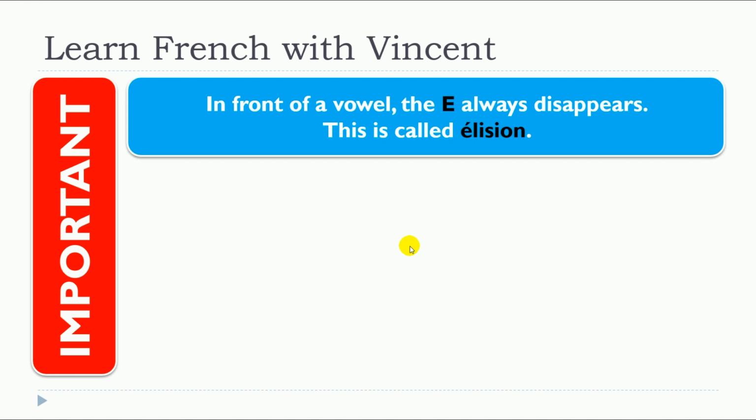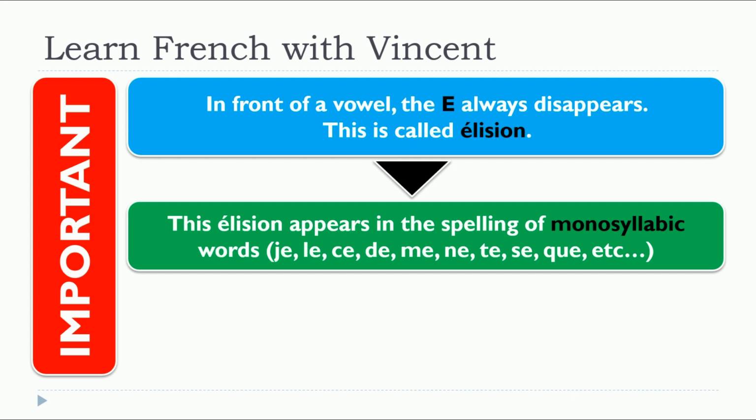So, let's continue. In front of a vowel, the e always disappears. This is called elision. It's a classic. This is something extremely important in French. You need to remember this elision. This elision appears in the spelling of monosyllabic words.